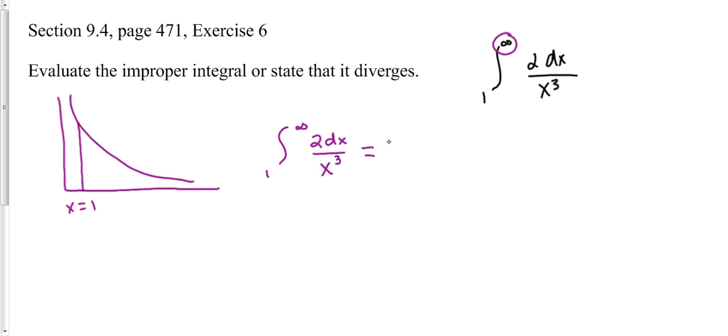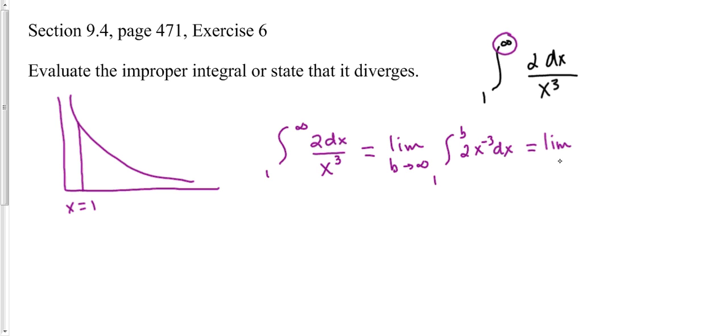And as we said, we're not allowed to have infinity in our limits of integration. So we're going to turn this into the limit as b goes to infinity of the integral from 1 to b of 2, and I'm going to make this x to the minus 3 dx. And of course we know what the antiderivative of that's going to be.